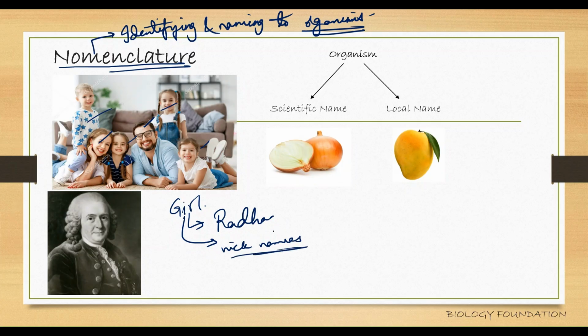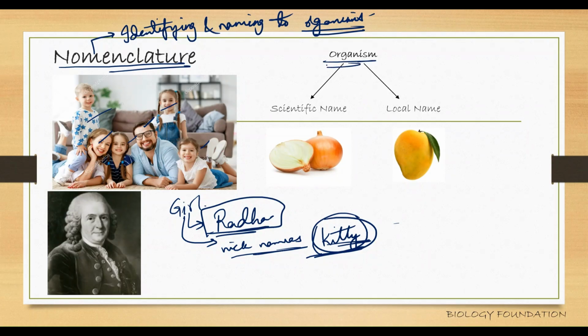Let's assume the nickname given to her is Kitty. Radha is her actual name, but at home she is called Kitty, just as an expression of love towards her by her parents. In the same way, living organisms also have two names.